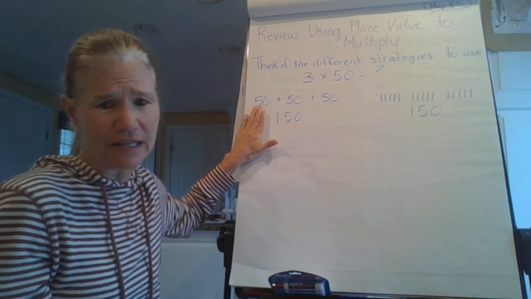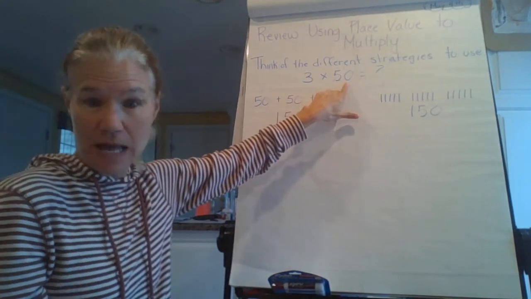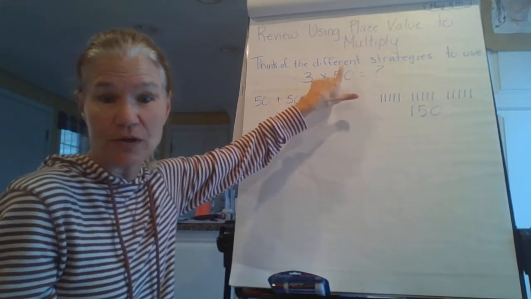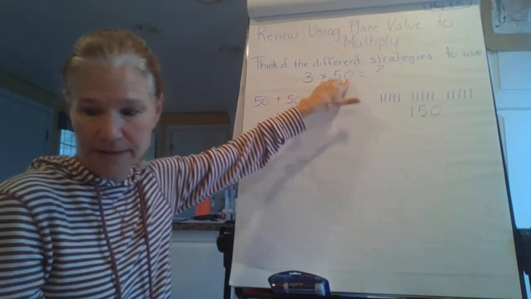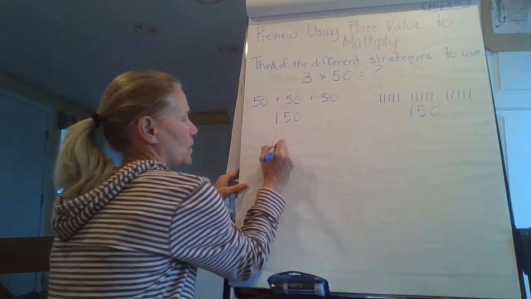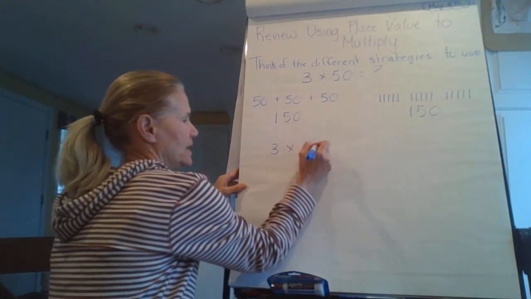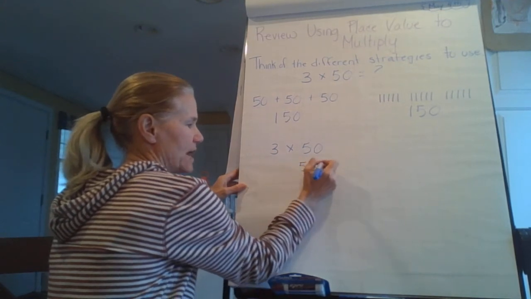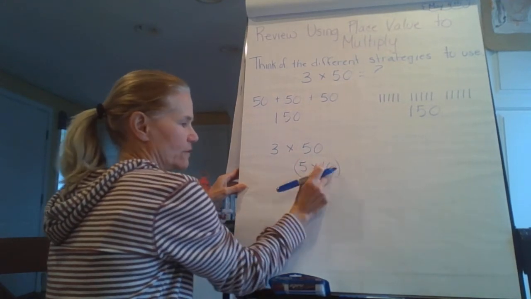You can also take a look and think, when we're multiplying with multiples of 10, 10, 20, 30, 40, 50, and so on, we can think 3 times 50. Well, 50 we already know is 5 times 10. There's our 10.